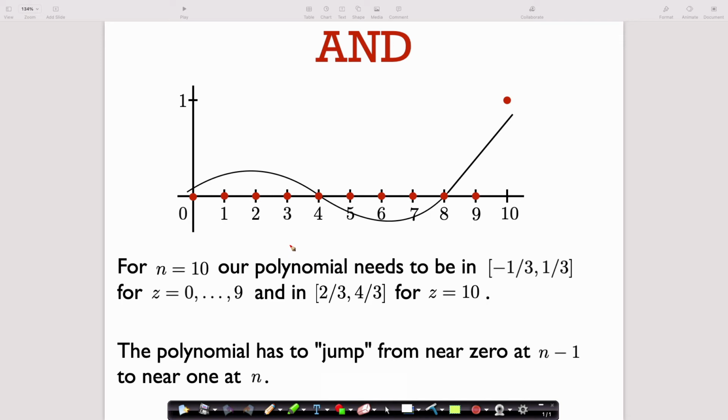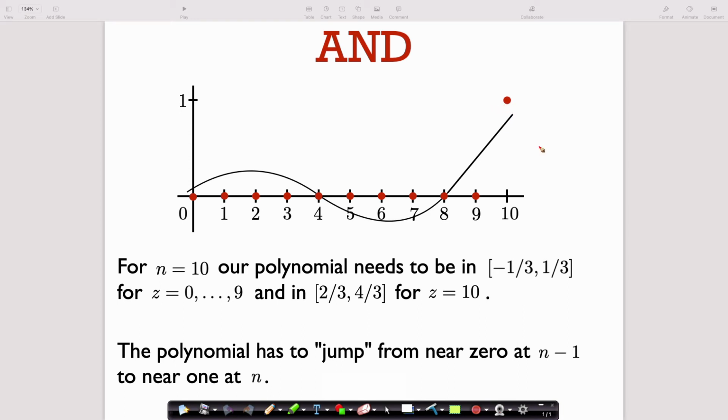And for our symmetrized polynomial here, we know that for every integer point from 0 to 9, it must be in the region between minus 1/3 and 1/3, given that it's a 1/3-approximating polynomial for the AND function. On the other hand, on input 10 here, it has to be at least 2/3, because the AND function evaluates to 1 on an input of Hamming weight 10.